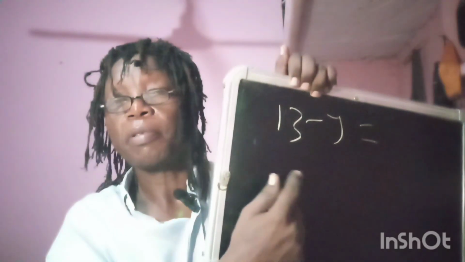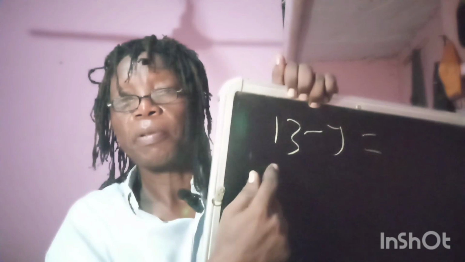So we isolated y. Another example is when, for example, we have 13 minus y is equals to, now you see the equation has changed. So you have 13 here and y there.